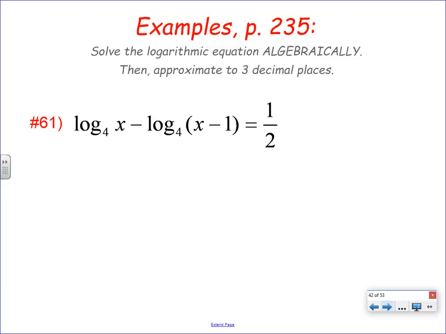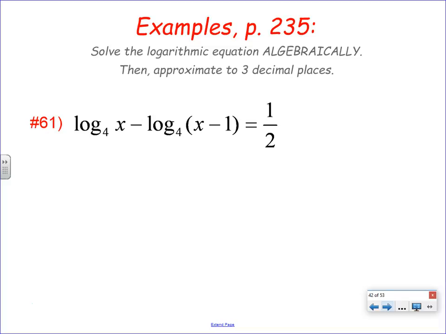Yeah, go ahead. Would it work if you added the other side and then did the one-to-one property? Almost. But that is a common mistake. Jesse, it would have worked perfectly if only there was just a 0 on the other side.